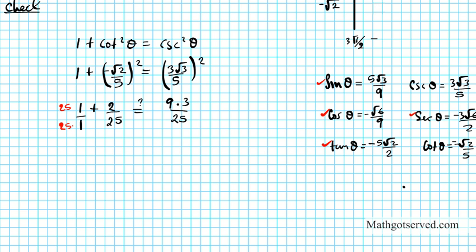So the question is, this 25 over 25 plus 2 over 25, is it equal to 27 over 25? You notice that 27 over 25 equals 27 over 25. So our last answer checks. That means all our results are accurate.